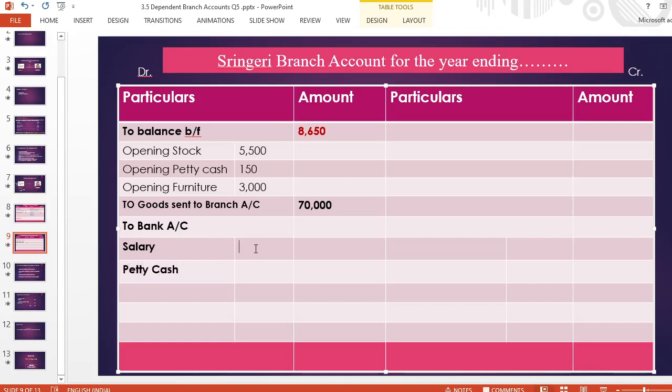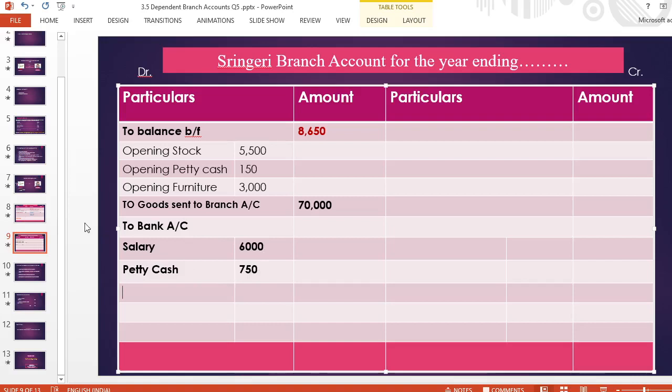The salary they have given is 6,000 and petty cash 750. Here you should observe one more aspect. We have written to bank account on the debit side. That indicates the branch received cash from the head office. So for salary purposes the branch received 6,000 and for petty cash expenses the branch received 750.